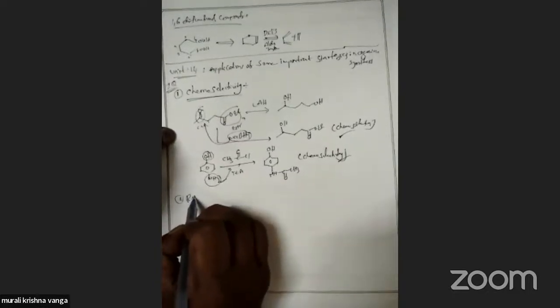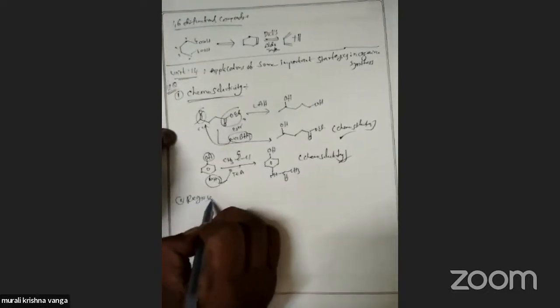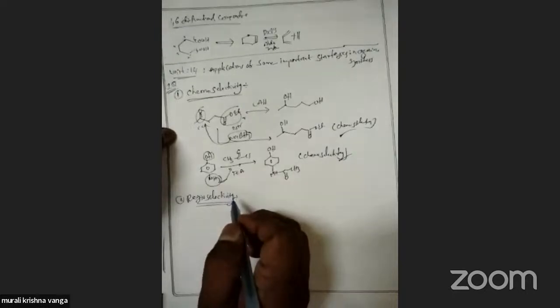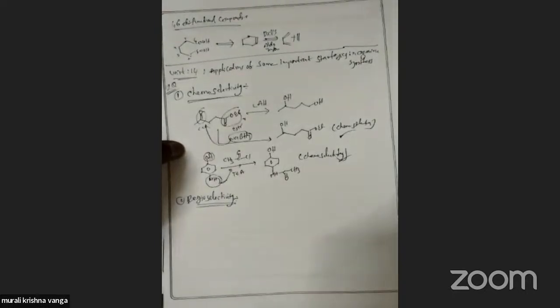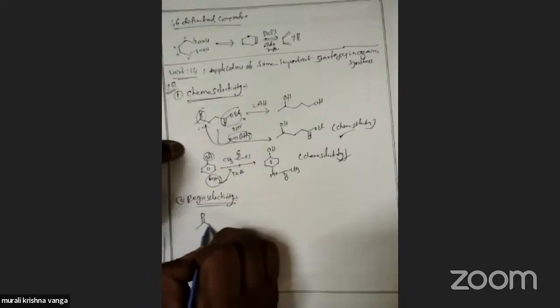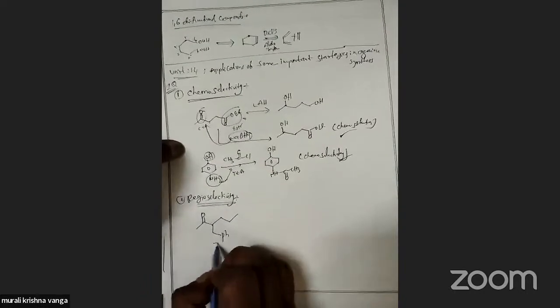Okay, second example for regioselectivity. Any chemical reaction which produces an unequal amount of structural isomers is called regioselective. This is a target molecule.